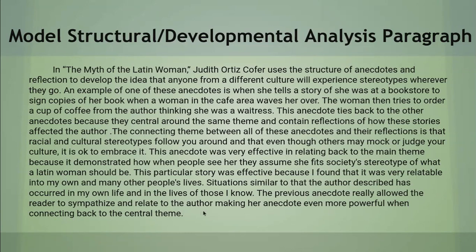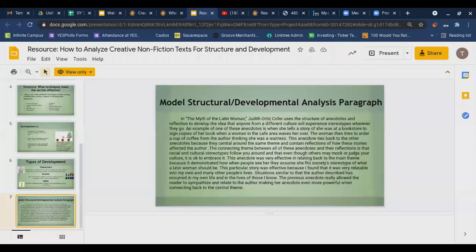So, very wordy again. Ours might not be quite as detailed, but we can see the different things that this person does. First of all, they address the name of the piece and the author. They talk about the kind of structure elements they use. Okay, she uses anecdotes and reflections, and here's how those anecdotes and reflections tie back to her central idea or her central theme, right?